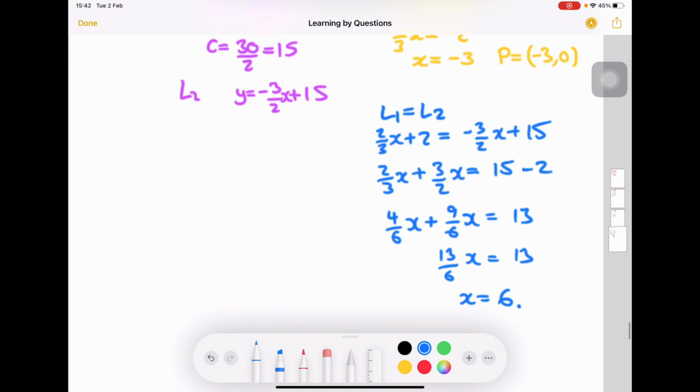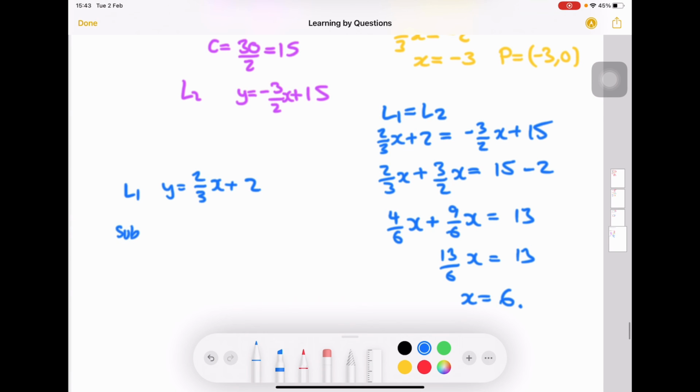Now if I sub it into either L1 or L2, I can work out the y coordinate. So L1 is y equals 2 over 3x plus 2, sub x.